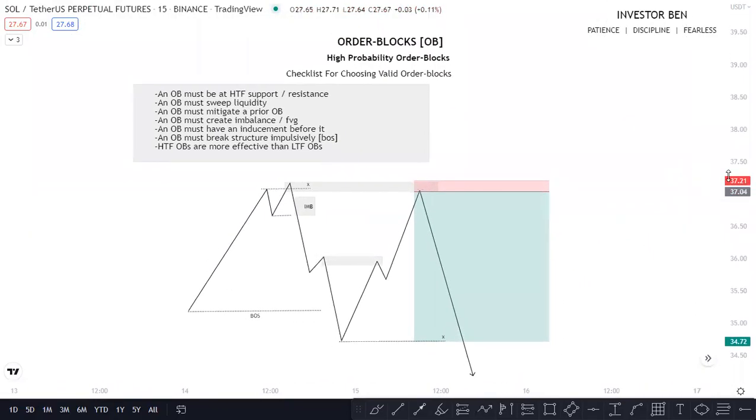Yeah, so that will be all for the checklist for choosing valid order blocks, right? Checklist for choosing valid OBs.